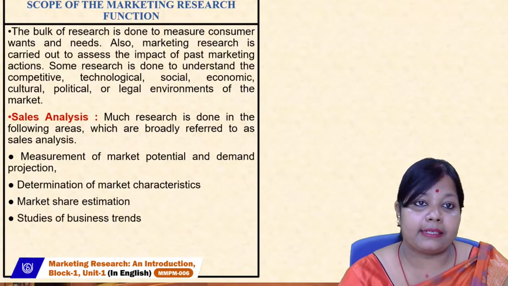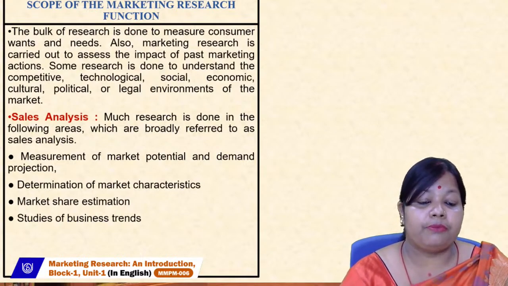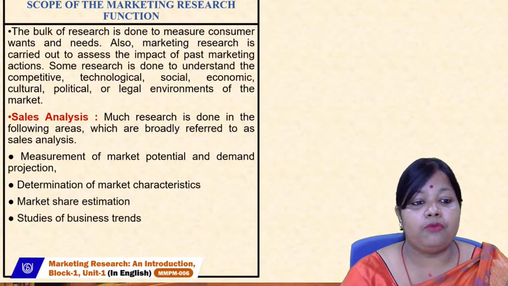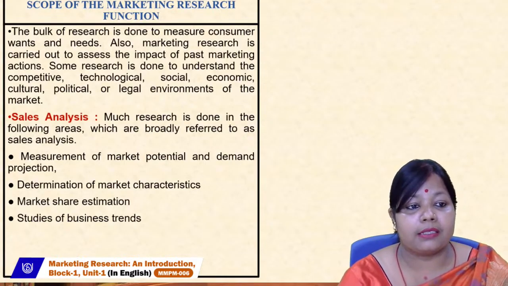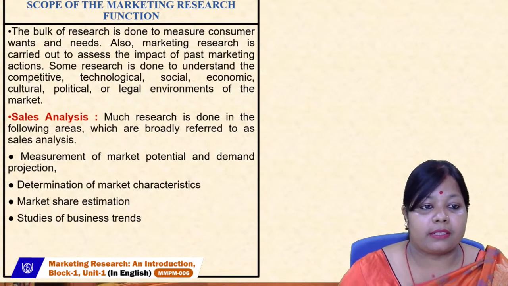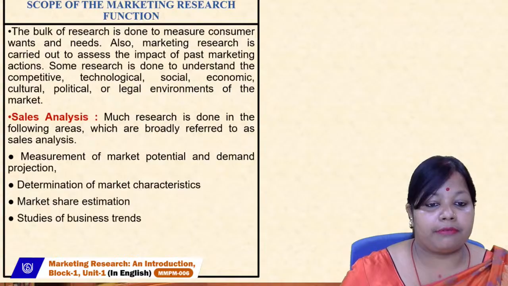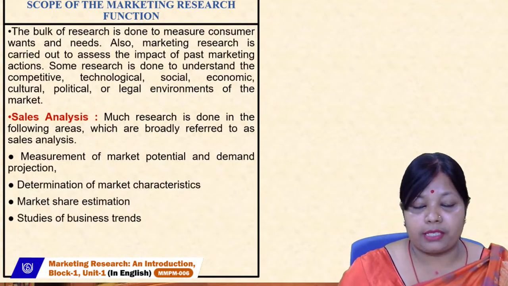That is also an aspect of sales. Determination of market characteristics, market share estimation, studies of business trends. These are the four sides of the market where we can go for analyzing the sales, how the sales are happening, or what to do for promotion of sales. All these things we can see here.